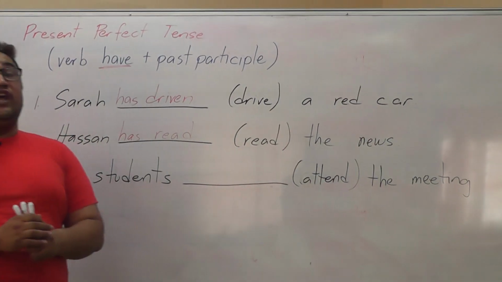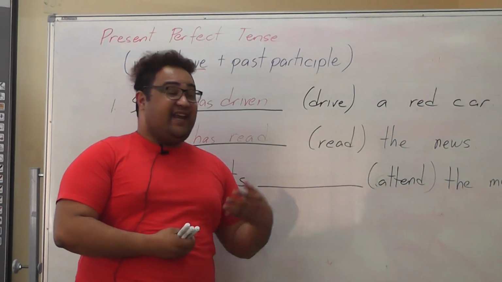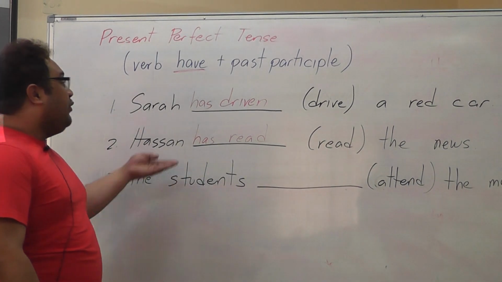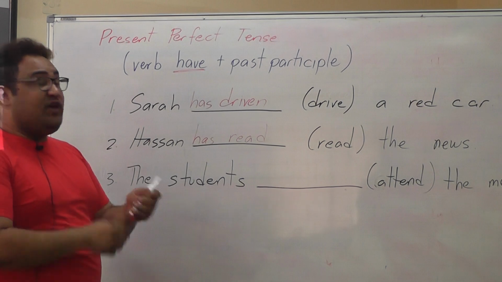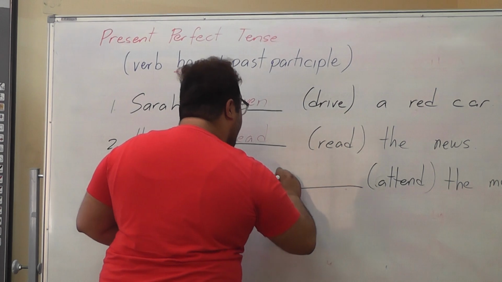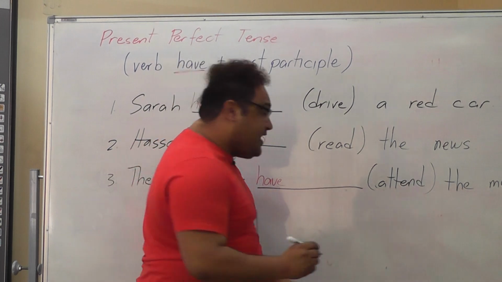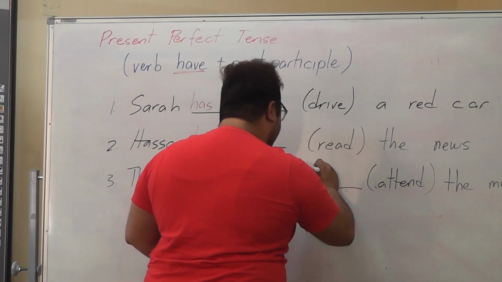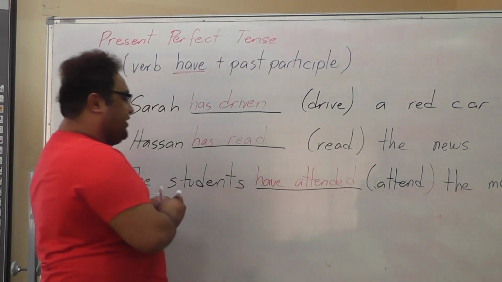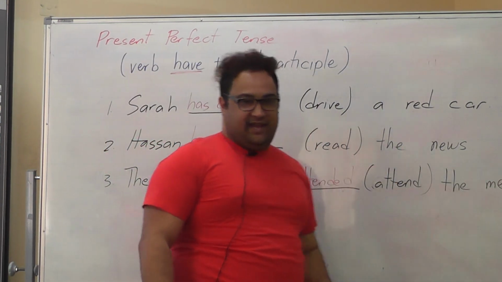So this is a regular verb. So what do we do with a regular verb? We add ed. Okay? So the students, since this is plural now, we can no longer use has, but we have to use have. So the students have. And what is the past participle of the regular verb attend? Attended. Okay, so the students have attended the meeting.